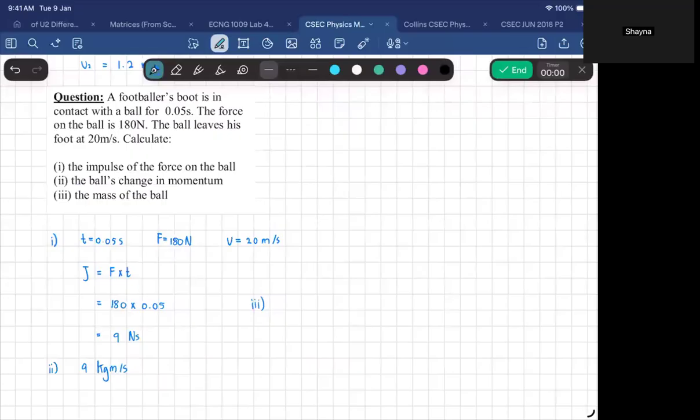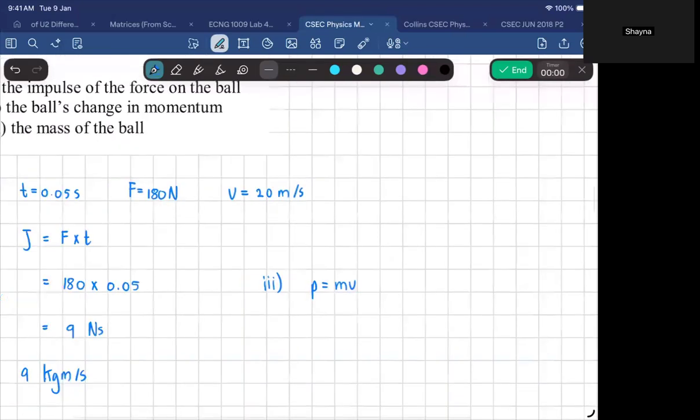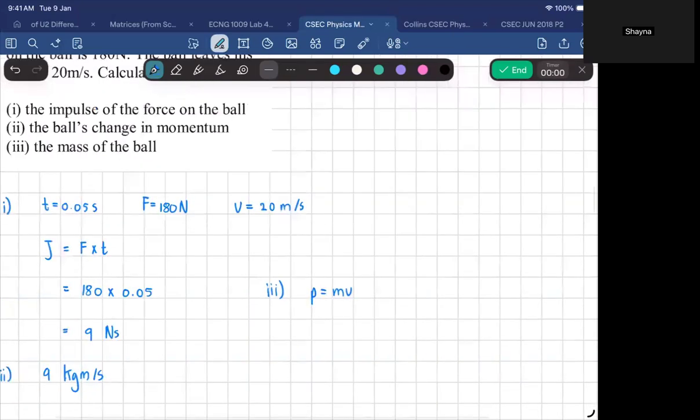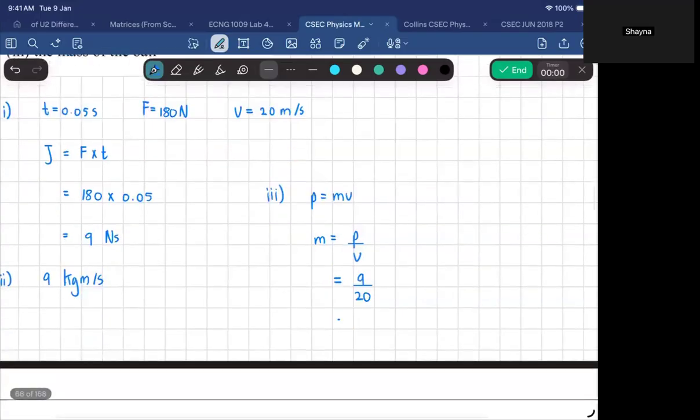You used the formula for momentum, P is equal to mv, and we want to find mass, so mass would be P over v. What was the change in momentum? 9. What's the velocity? 20. 9 over 20 gives 0.45, right? Cool.